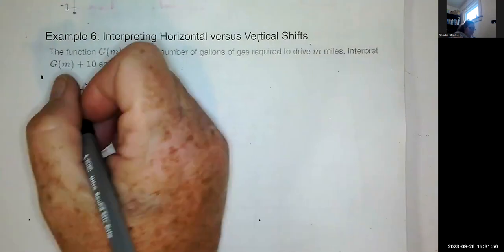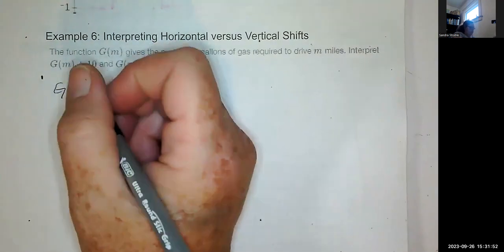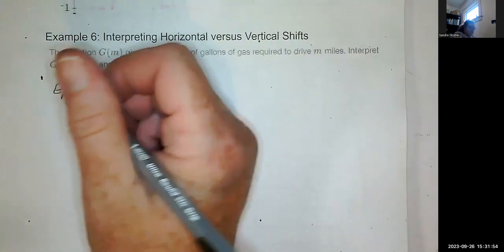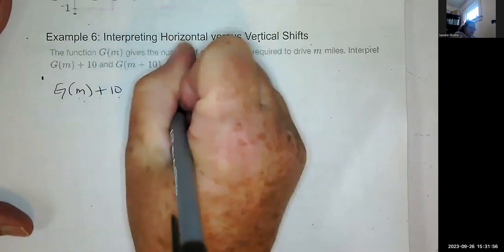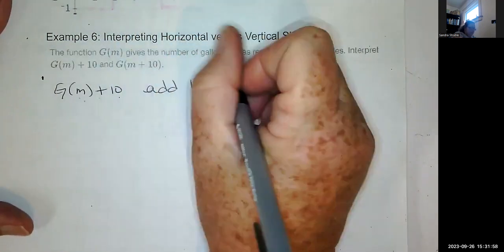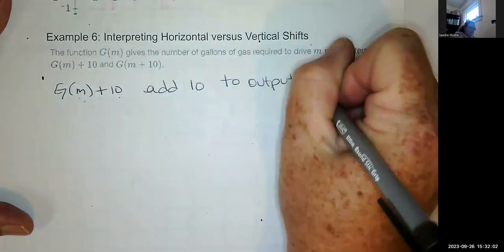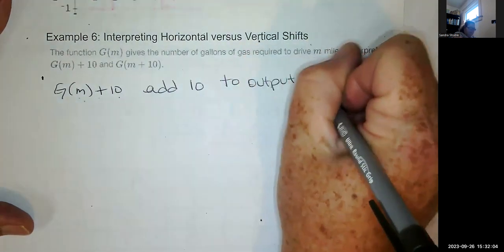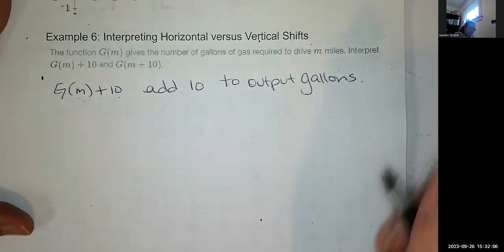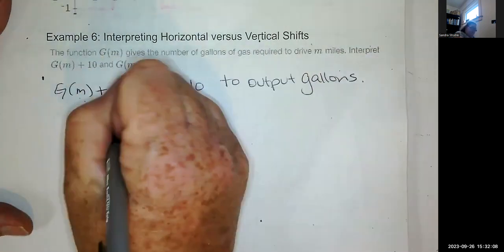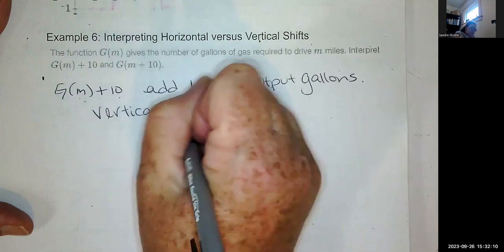So how would you write this? G of m equals 10. I would say that they add 10 to the output of gallons. Okay, because this is a vertical shift.